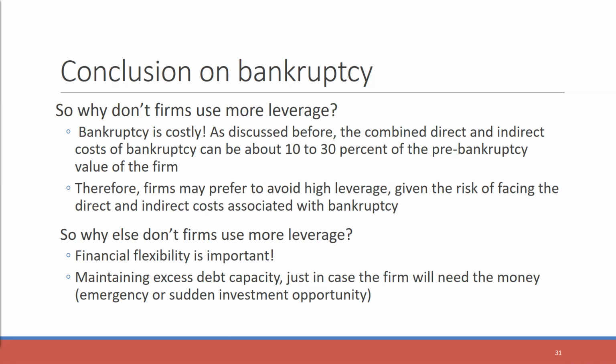The other reason why firms may use less leverage is financial flexibility. There are other reasons too, but the big one is financial flexibility. Maintaining excess debt capacity just in case you need room for emergency funding or to fund an investment opportunity is incredibly important.